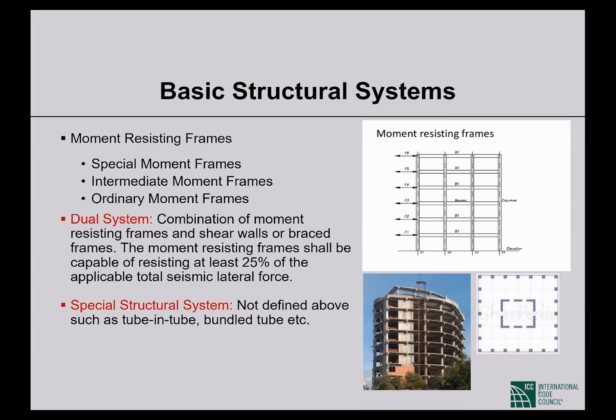If that is the case, then we'll call that a dual system. There may be other special structural systems like tubular structures, tube in tube, and many other different types of structural systems. Those are termed special structural systems. So all of us should have basic knowledge about these structural systems.